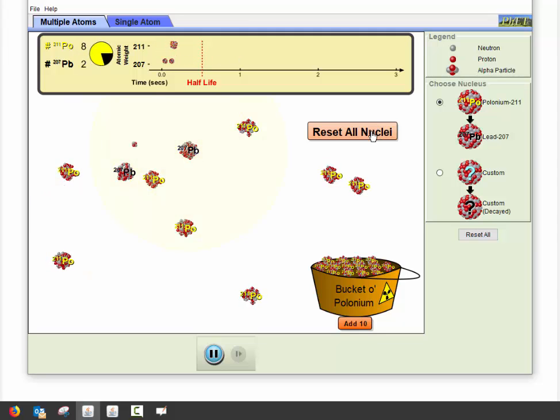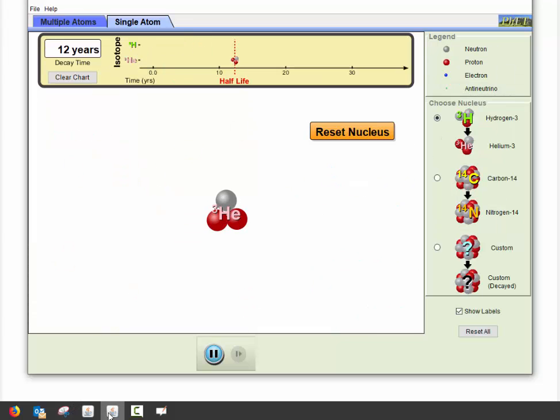They're shaking because they're unstable, and as you can see, they're firing off alpha particles. Now, I put 10 on here, and it turns out they're not all going to fire off at the same exact time. Some of them are still active. They're going to decay, not quite randomly, but they're going to have some half-life where roughly half of them have done their decaying. And that's important in the next couple of slides.